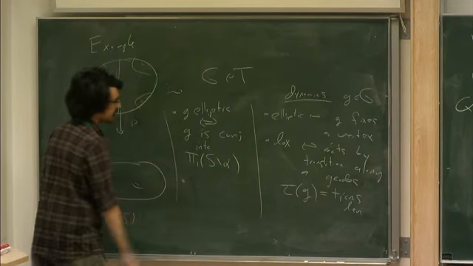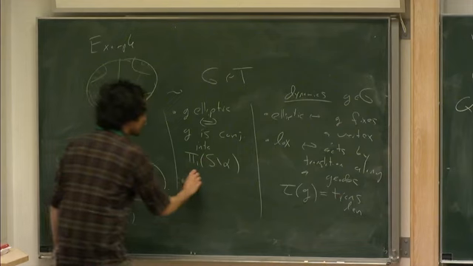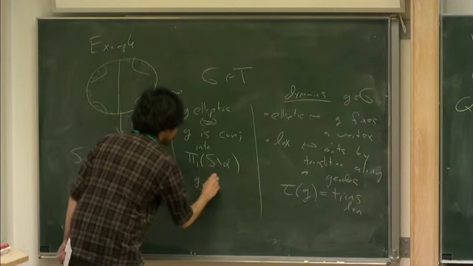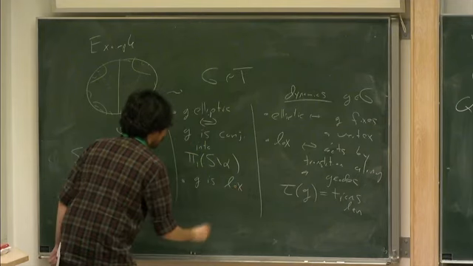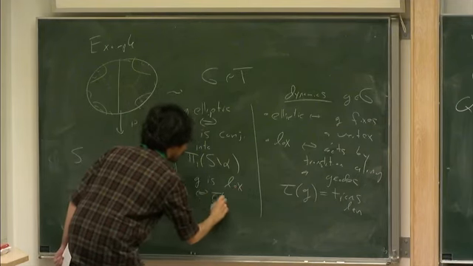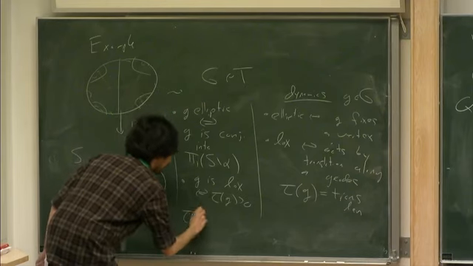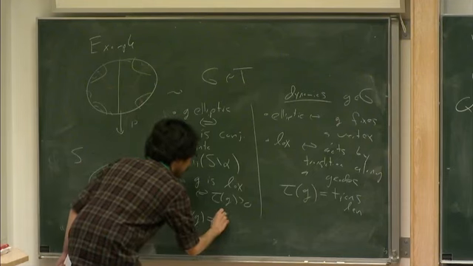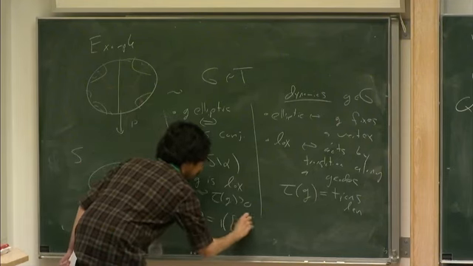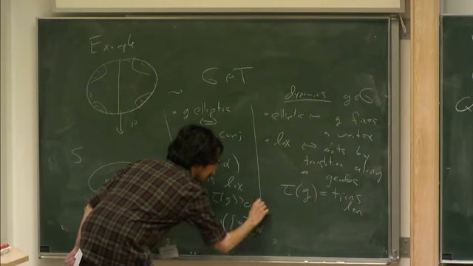That's what it means to be in a vertex stabilizer in this case. Or if g is loxodromic, this is the same thing as saying the translation length of g is positive. And here the translation length measures the intersection number of the conjugacy class with alpha.